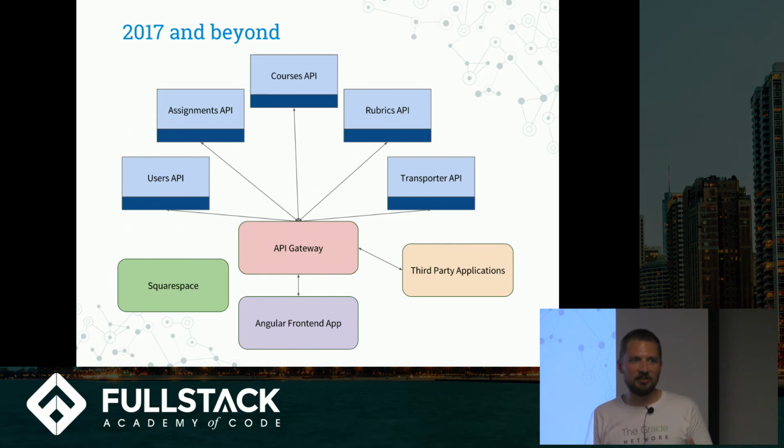JSON is just a nice structured text data format, and it doesn't care where it comes from. It doesn't care how many APIs touched it, or if it was one big monolith or a bunch of microservices. That's all behind the scenes. And that's what's nice about building APIs: as long as your API works the same way it used to work, it doesn't matter if you change the back-end architecture behind it.